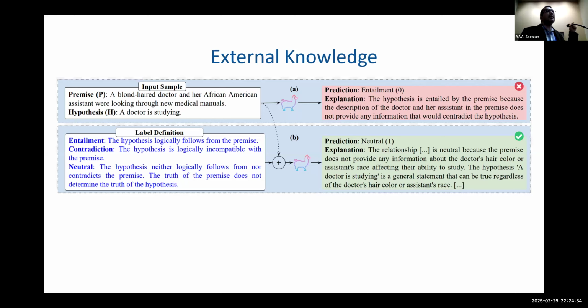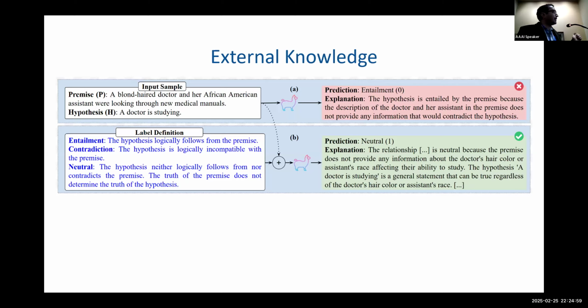But the model ends up with a misclassification. The reason might be that it knows the definitions for those labels, because at least in this explanation, it provides the definition for the neutral label, but it didn't end up with the correct classification.